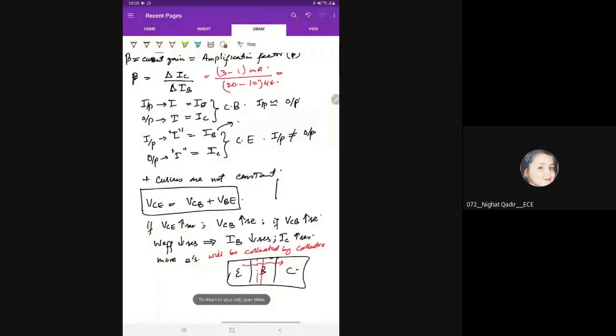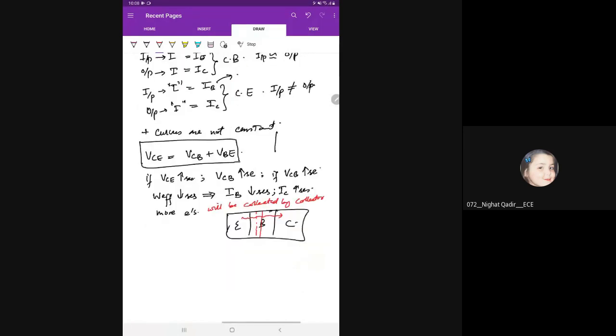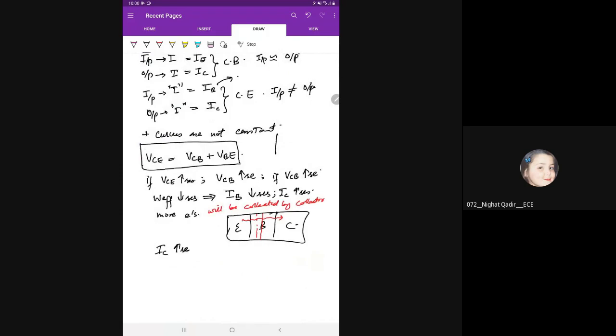So I said that when the base region decreases, then more electrons will be collected by the collector. If more electrons are collected by the collector, what will happen then to IC? IC will increase. Why will IC increase?